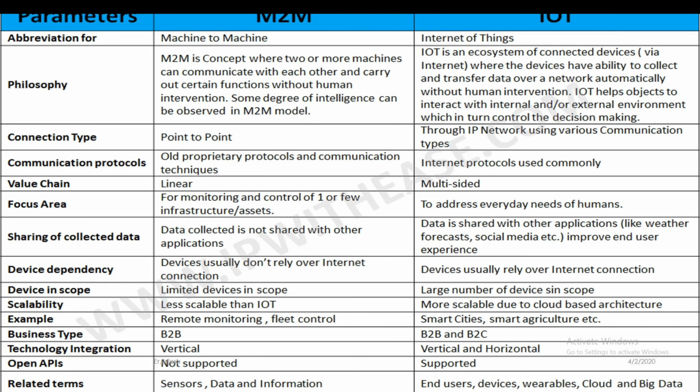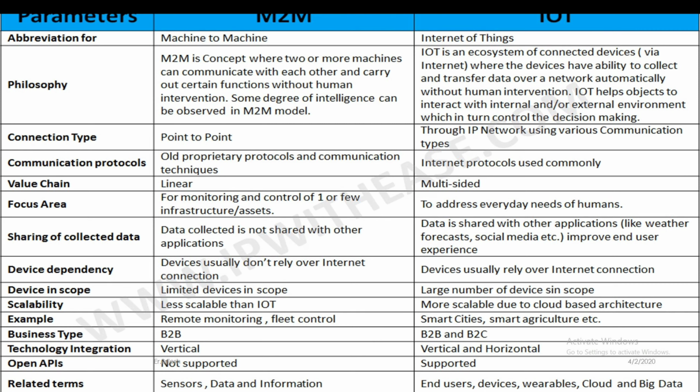Now connection type. The connection type of M2M is point-to-point, but in IoT the connection is through an IP network using various communication types. In M2M, old proprietary protocols and communication techniques are used, but in IoT, Internet Protocol is commonly used. In M2M, a linear value chain is used, but in IoT, a multi-sided value chain is used.